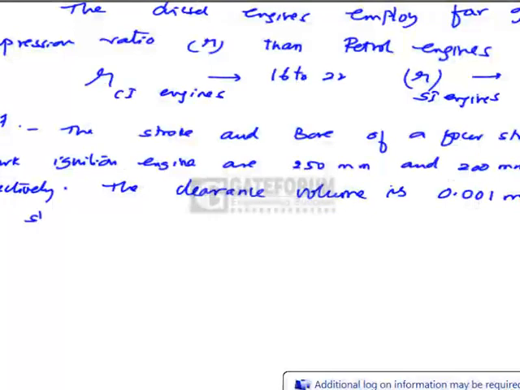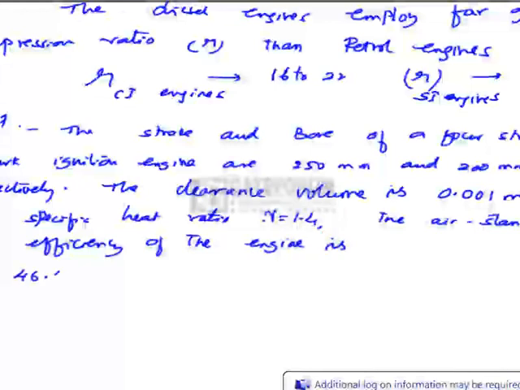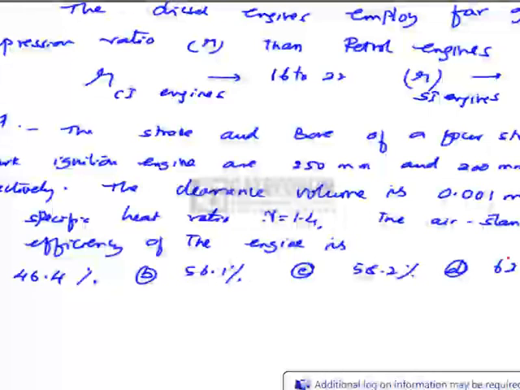If the specific heat ratio gamma is equal to 1.4, the air standard cycle efficiency of the engine is A 46.4%, B 56.1%, C 58.2%, D 62.8%.